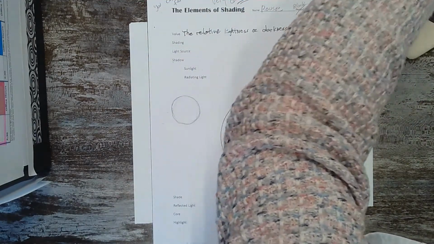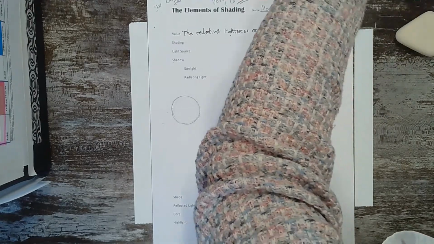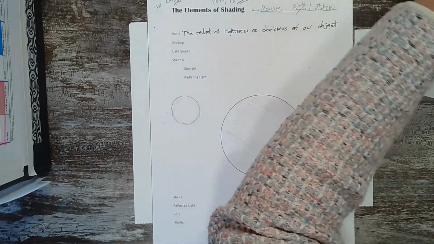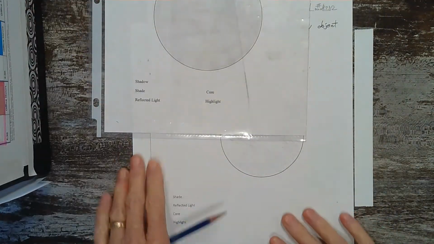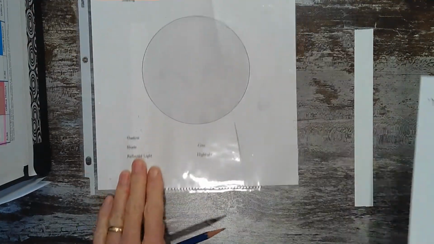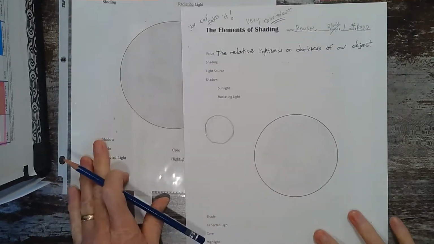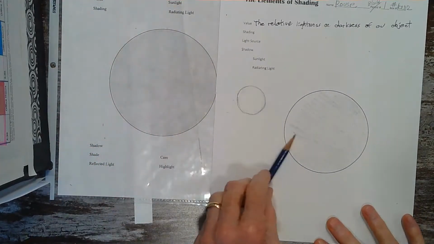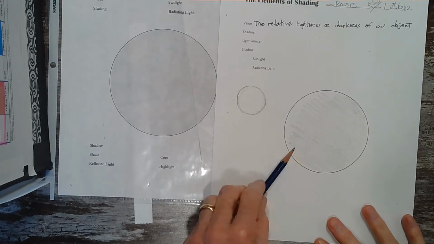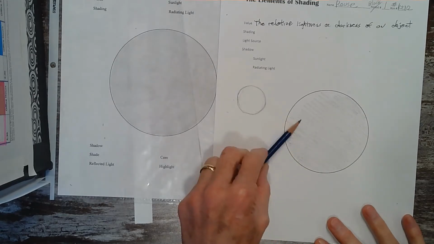So the first thing I'm doing is basically adding a value to it. This sample right here is kind of light. I might go a little bit darker than that. Something like that, and then you're going to probably smudge it nice and smooth. It'll be easier to work with.